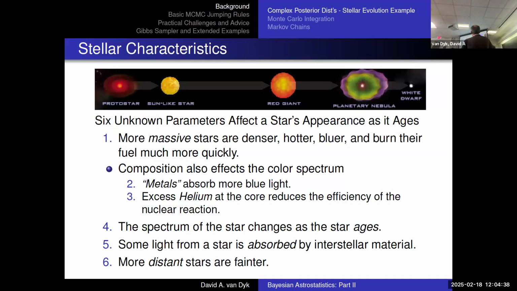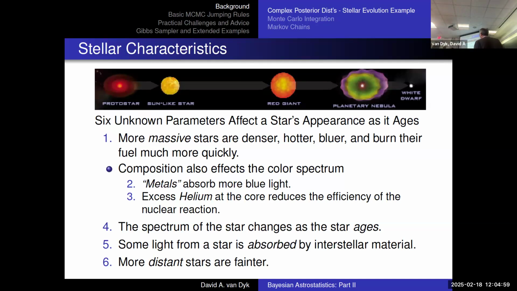So we have the regular evolution of stars from a sun-like star to a red giant, and eventually a white dwarf. We're going to be looking at a cluster of stars, and we have photometric magnitudes for each of the stars in a cluster. And from that, we want to learn about the physical properties of the star.